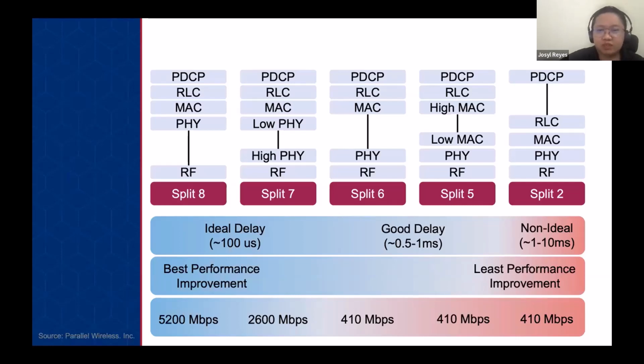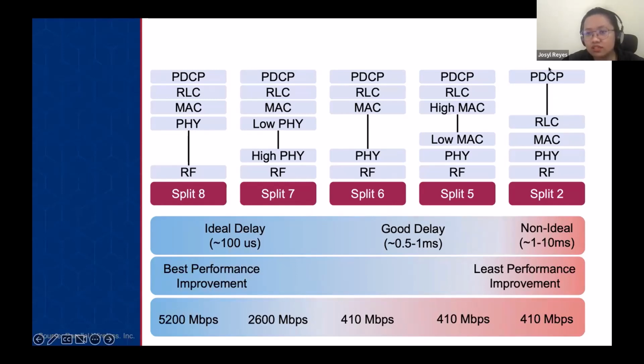And here there's also an indication of the approximate delay that is expected. Here the ideal delay is less than 100 microseconds, because the functions here need to be sent right away to be converted to RF. But here you can see it's not ideal, it takes a longer time.